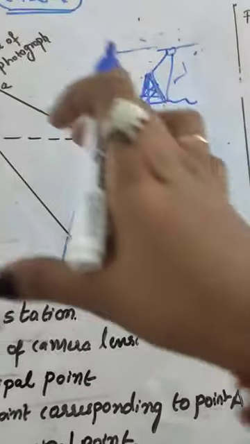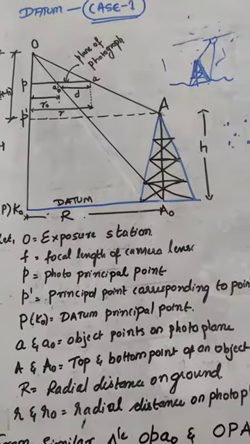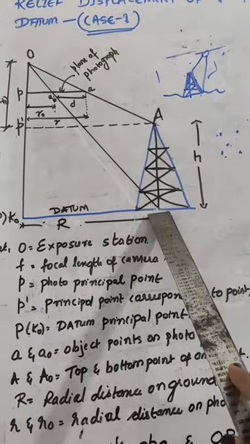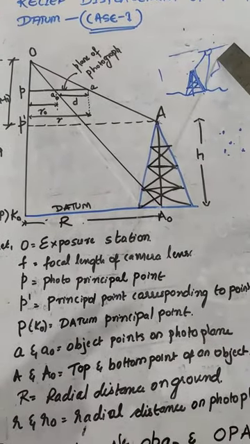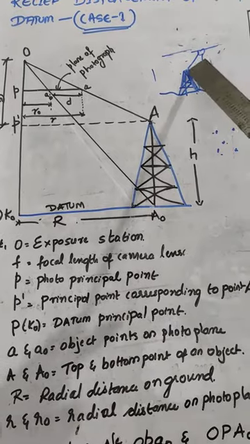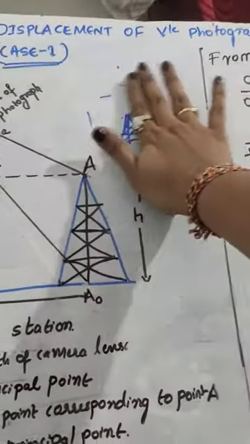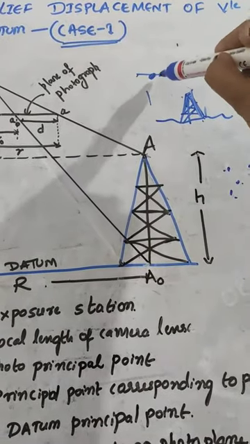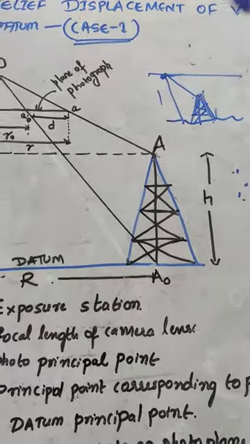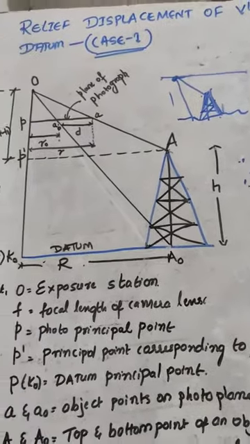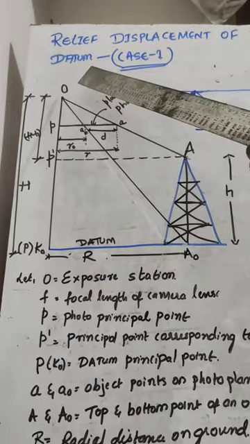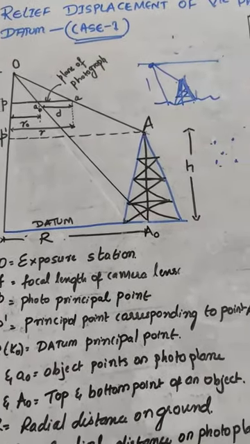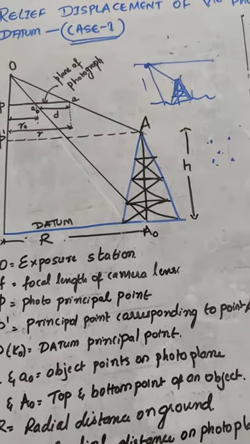So this diagram I will relate with this sketch. I'll tell you how. See, this is the base of the object, and this is the exposure station. This is the exposure station, and from this point the photograph is being captured.